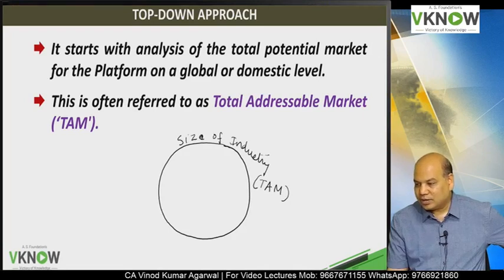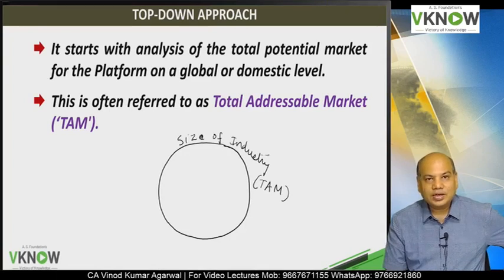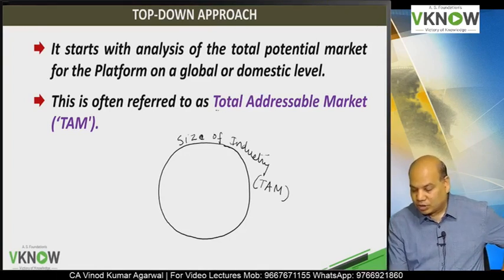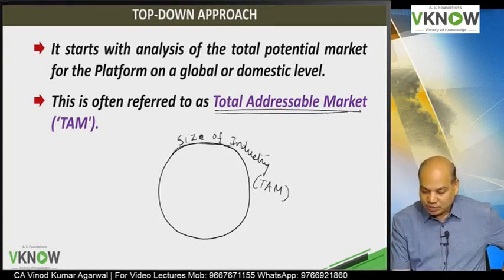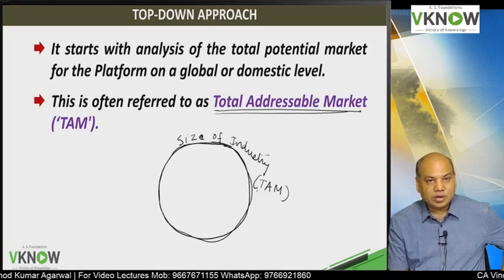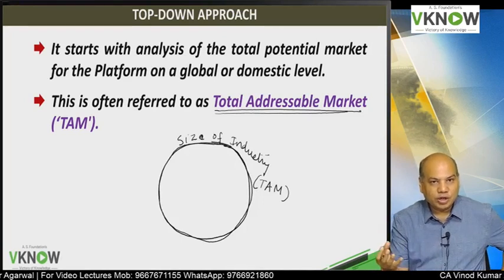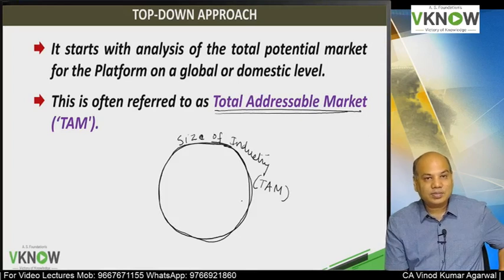Sir, what is TAM? Total addressable market. Total addressable market means what is the size of your industry? How many people will use Netflix? You have to visualize how many people use online platforms for watching videos, movies. That is your TAM, total addressable market.